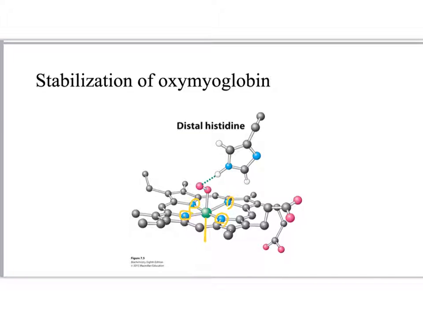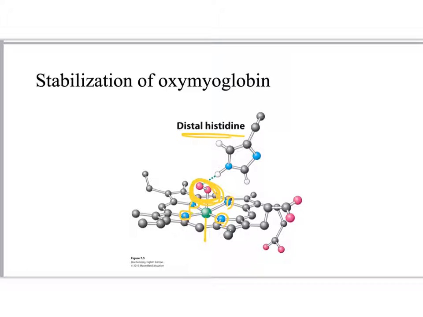And then this 6th binding site is that oxygen. So here's our oxygen right here. Well, this oxygen is further stabilized by another histidine residue, our distal histidine residue. So that helps stabilize that bound oxygen species, so that we minimize the release of that superoxide.